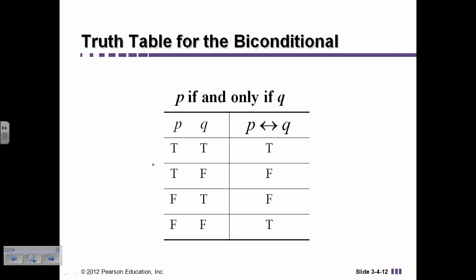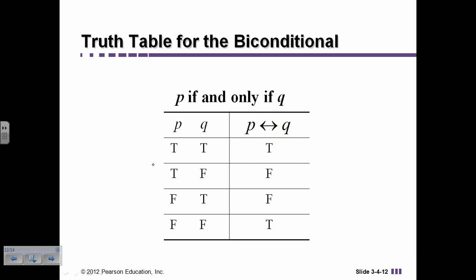Sorry, I had to get my paper. We had our conditional statements that said true implies true is true. We had the conditional statement that said true implies false. And again, we're just using our truth table that we had a couple sections ago.